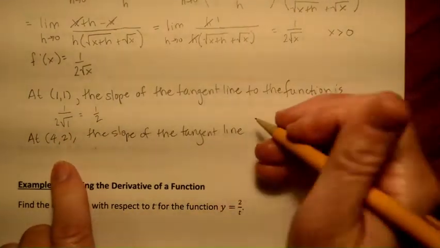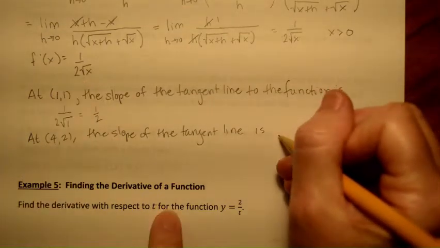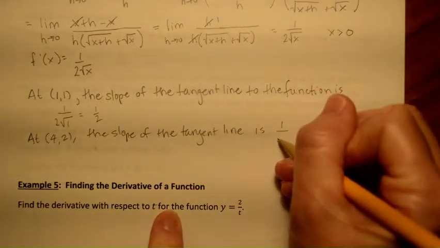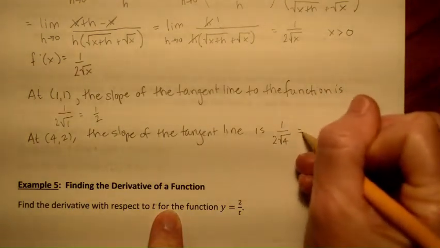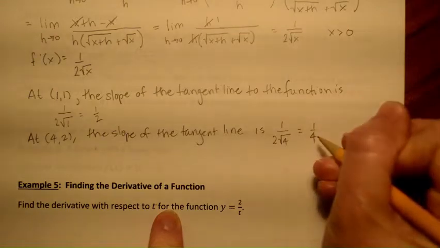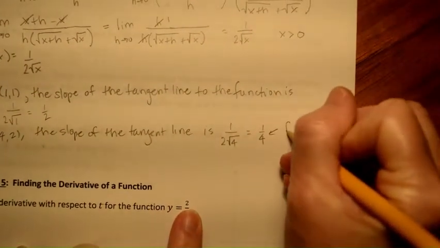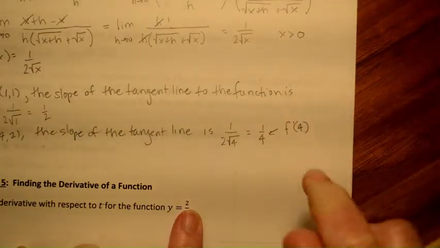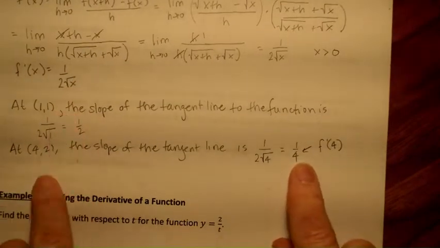The slope of the tangent line is, and again, we plug 4 in for x here, so we get 1 over 2 times the square root of 4, which ends up giving us 1/4. Right, and again, we would say that this right here is f prime of 4. We just plugged 4 into our function right here, and we ended up with 1/4.